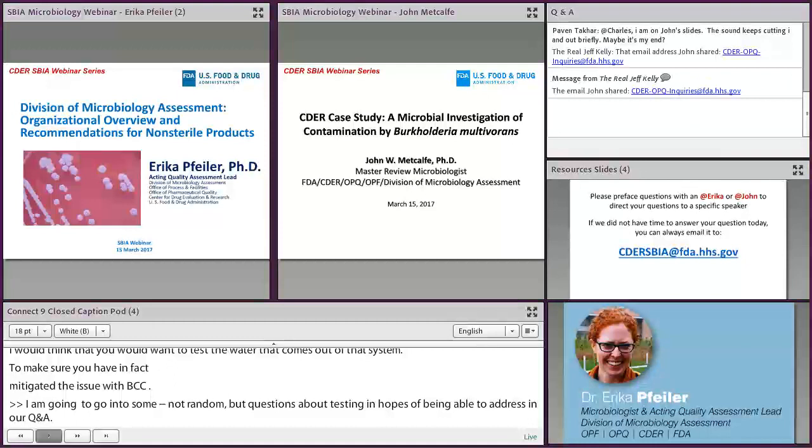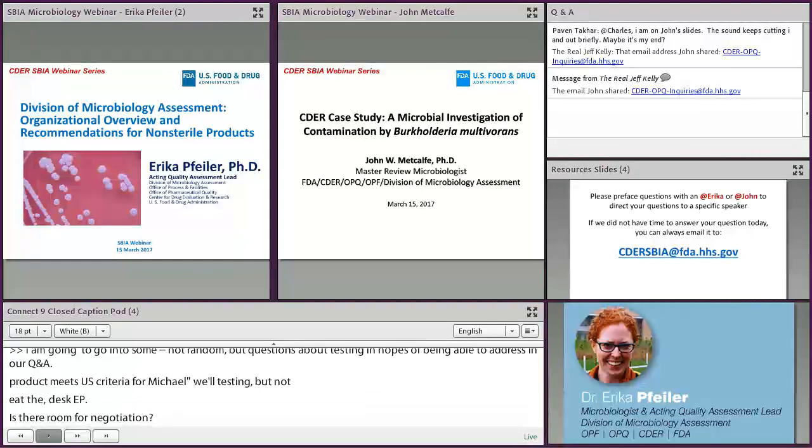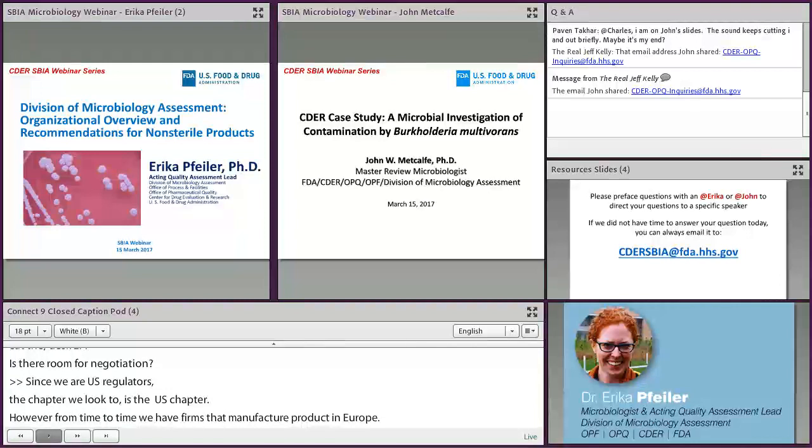So since we're U.S. regulators, the chapter that we typically look to for our antimicrobial effectiveness testing is the USP chapter. However, from time to time, we do have firms that manufacture product in Europe, and they perform the test as described in the European Pharmacopoeia. And that's something that we consider to be fine.